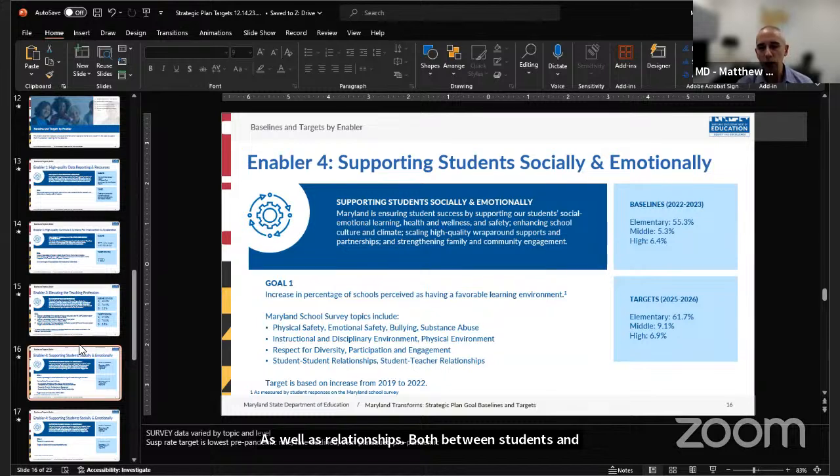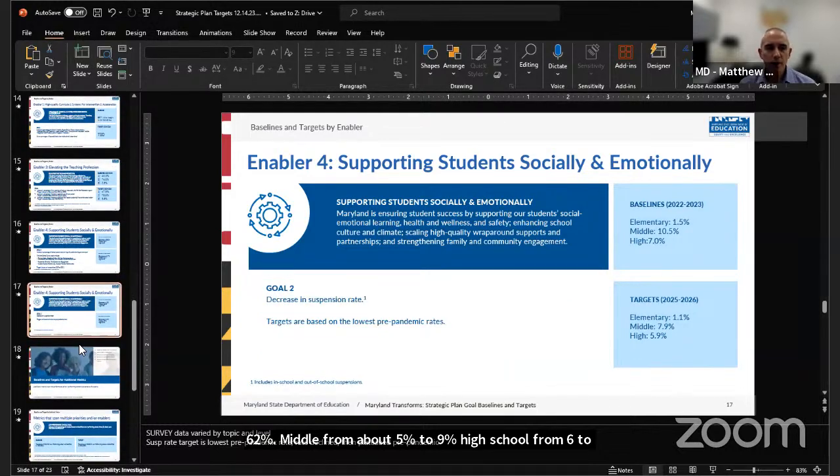We have the baseline broken out by school level because you can see there's a very big difference between elementary, middle, and high. So we see increases at elementary from about 55% to almost 62%, middle from about 5% to 9%, high school from 6 to 7%.